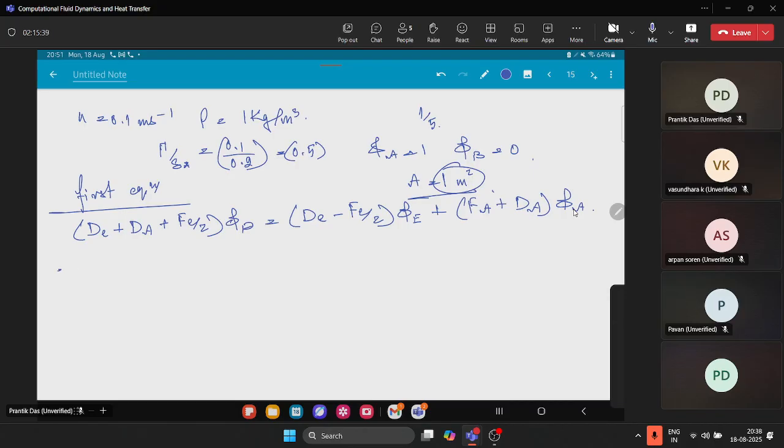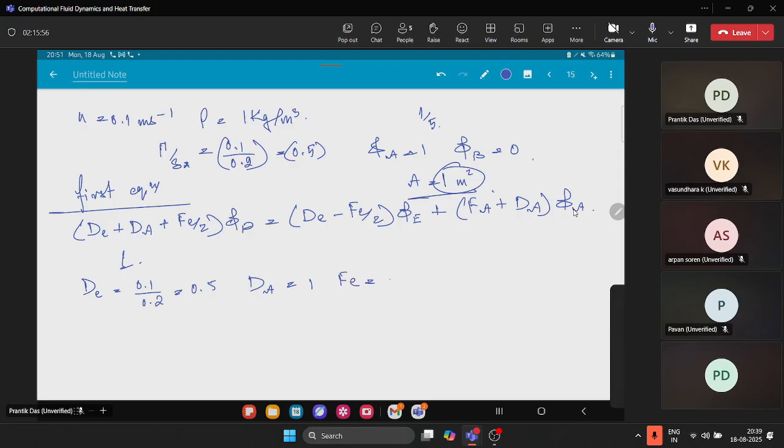So this equation can be reduced to dE, which actually becomes 0.1 divided by 0.2, which is basically 0.5.